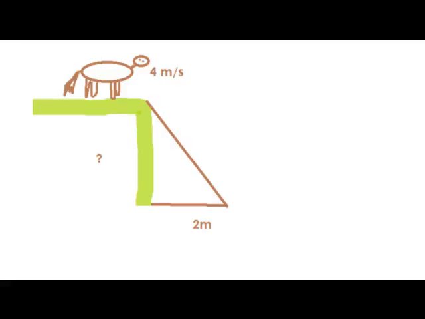Now we use time to find delta y. Delta y equals Vi time plus 1/2 at squared. Since Vi is 0, that cancels out, so we have 1/2 at squared left.